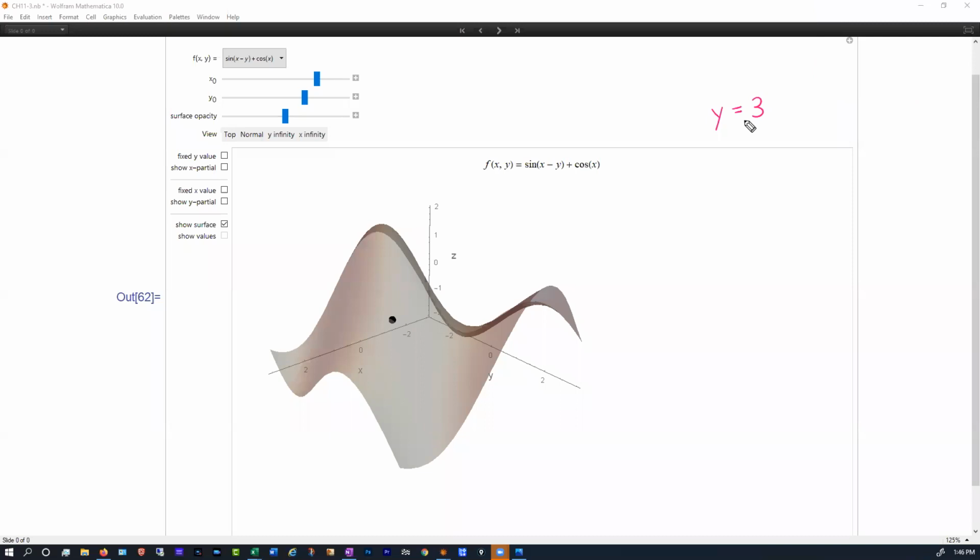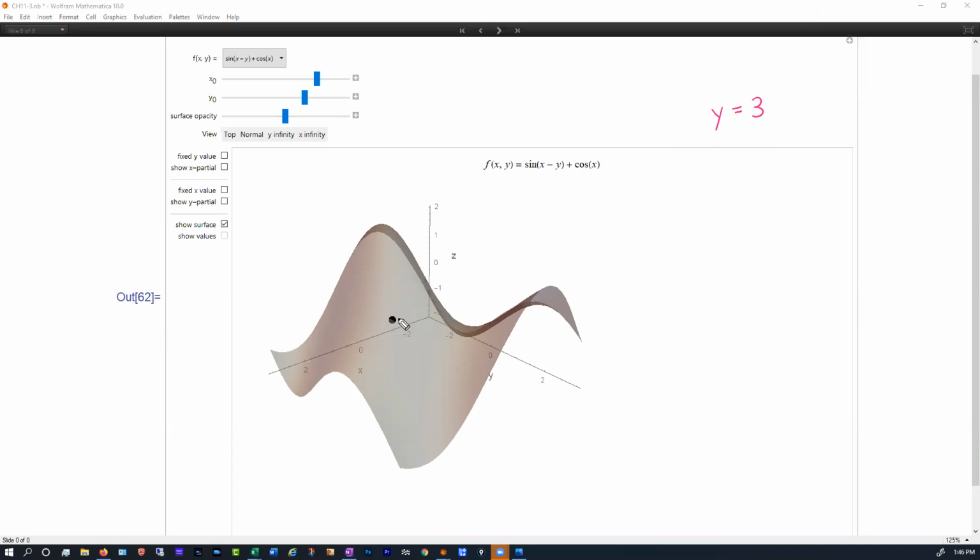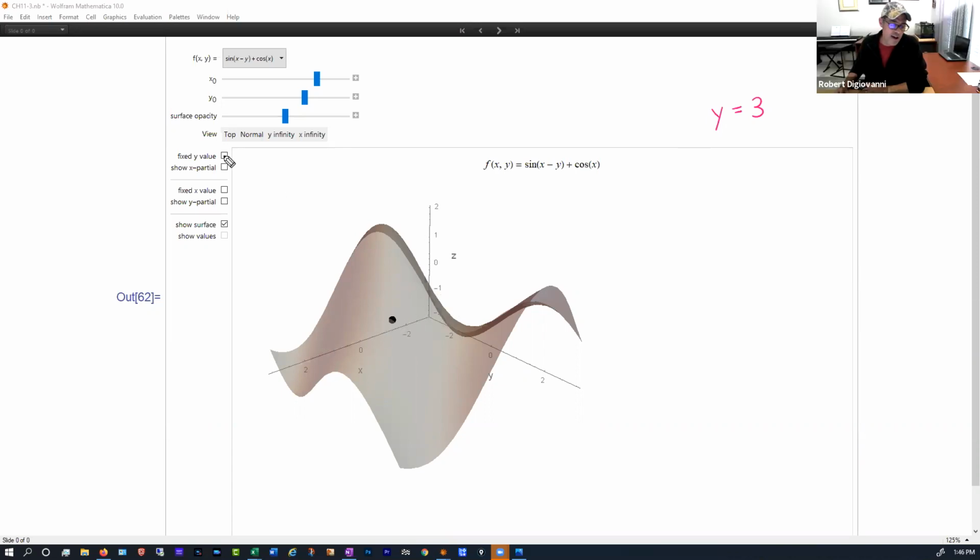Oh, that's right. It would include a line, but it's actually the entire plane, where all the y values are 3. And that plane would be parallel to which plane? To the ZX plane.